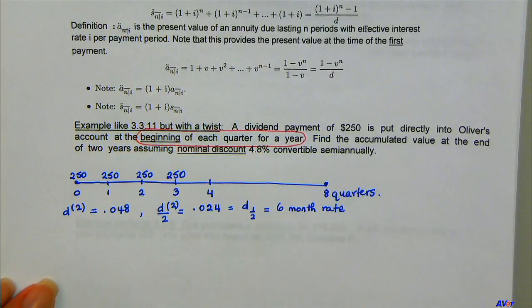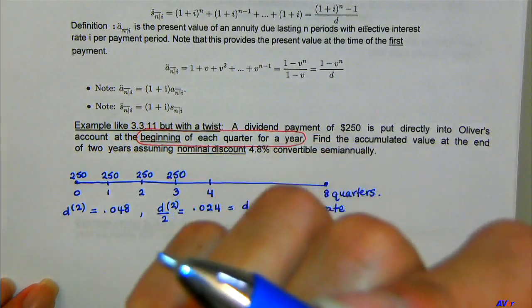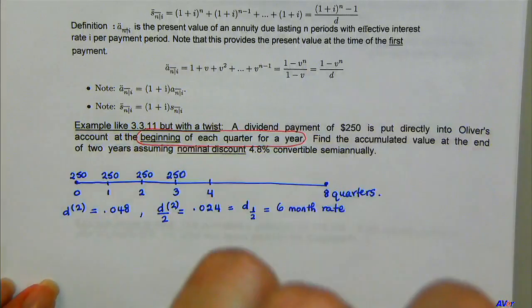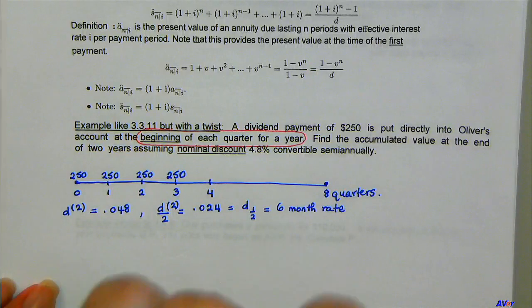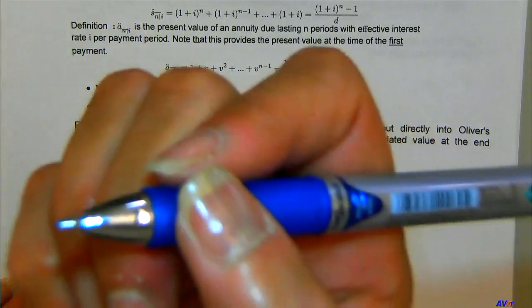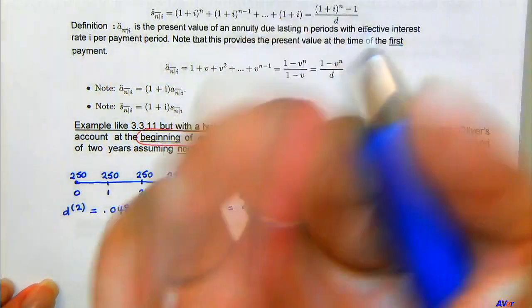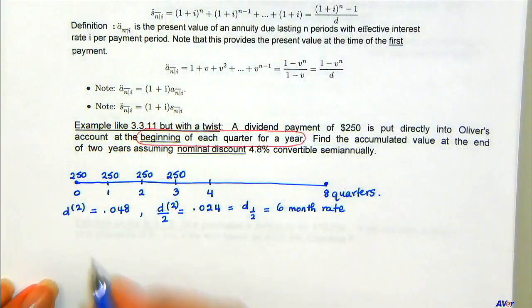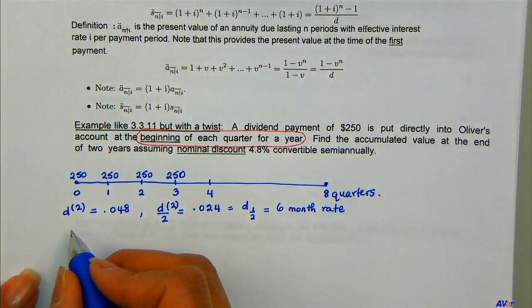However, I also need the i, because if I talk about S, I need the i. If I talk about A, I need the i. So I need i quarterly and d quarterly for that reason. Are you understanding me, guys? Because the formula uses both. So let's find it. Let's go directly like this.